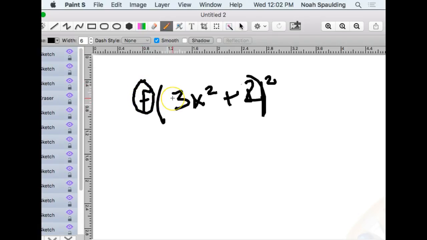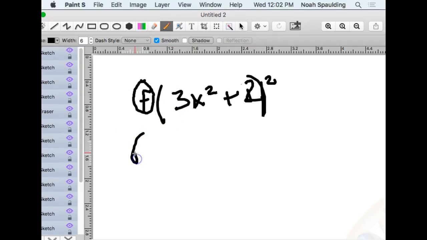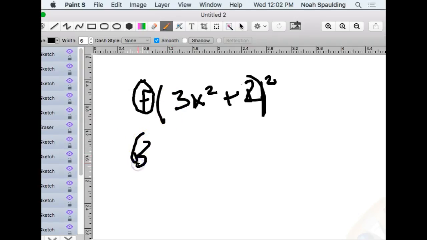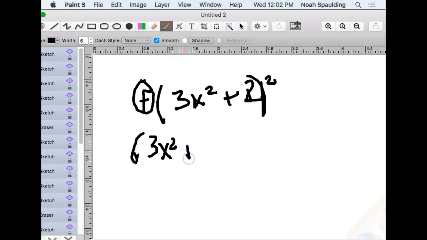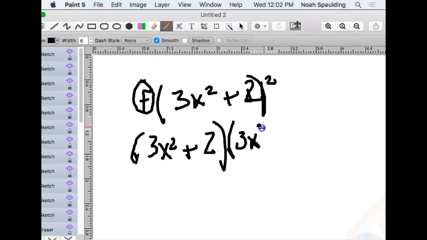So we can expand this to be 3x squared plus 2 times 3x squared plus 2.